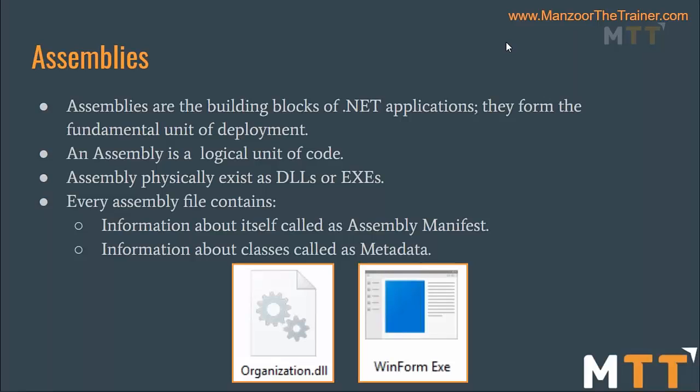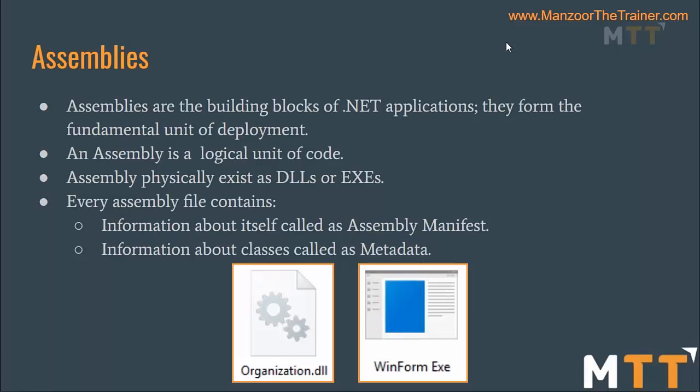Say for example, in the interview, if they ask what is assembly, you can say that assembly is the basic building block of any .NET application, and any program that we write and compile will generate an assembly. And normally assembly physically exists in the form of DLL or exe.